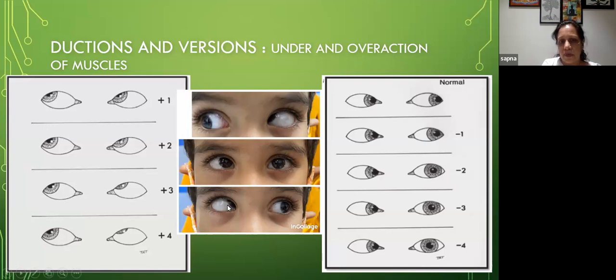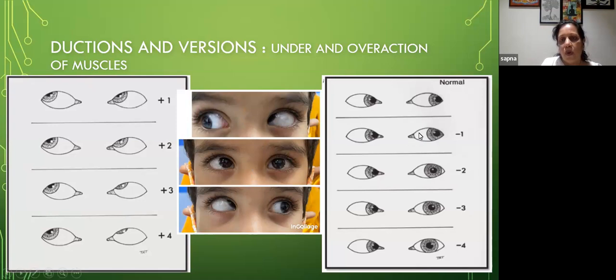This is a right eye inferior oblique. This is a left eye inferior oblique. I have made a schematic diagram for the inferior oblique only. If it is just going across the horizontal, it is +1. And if it goes like this, it is +4. In between, we divide it as +2 and +3. This is for inferior oblique overaction in adduction.